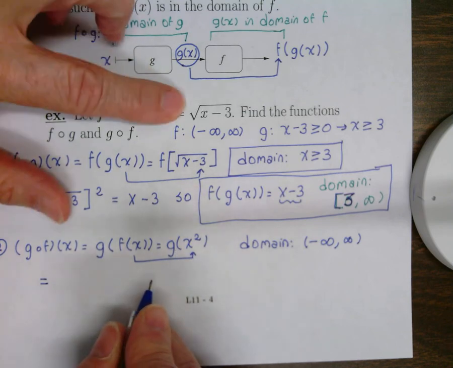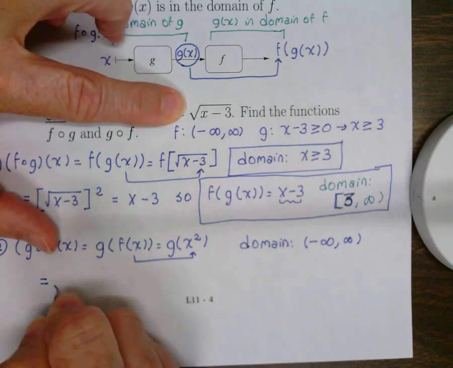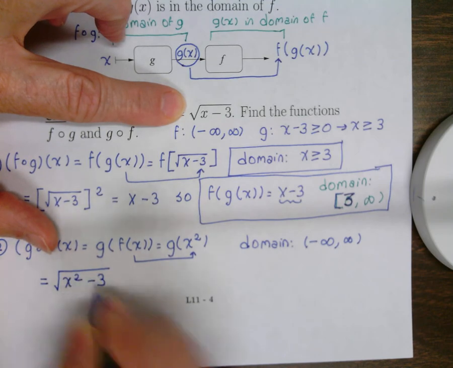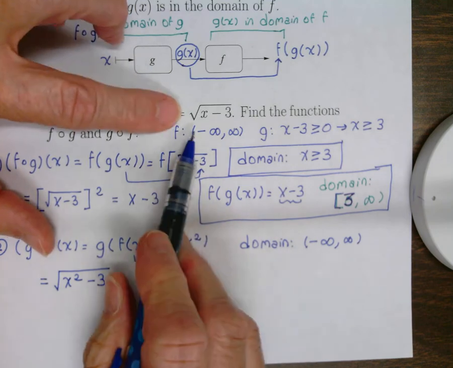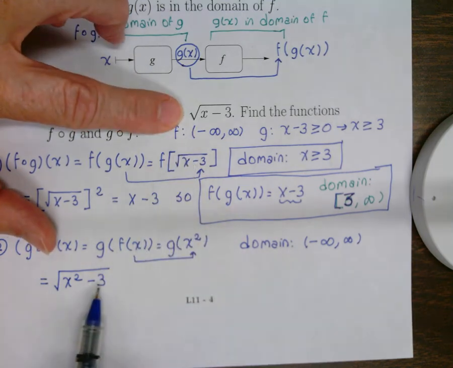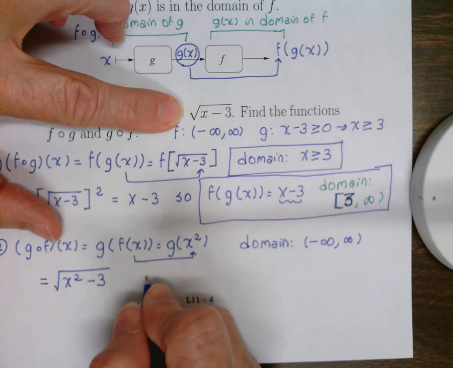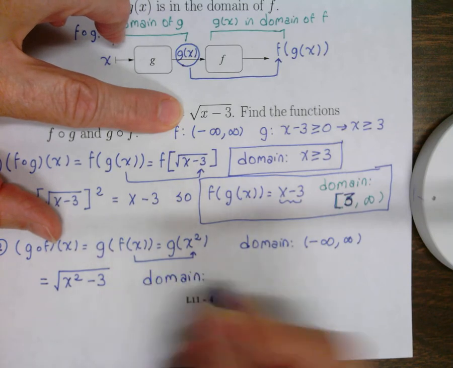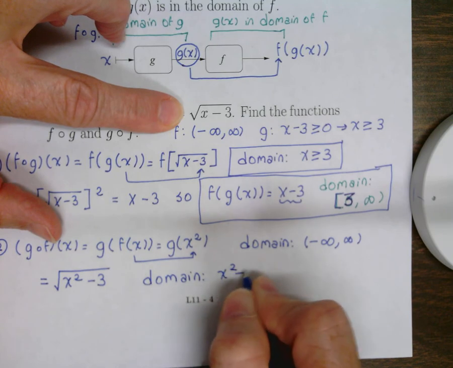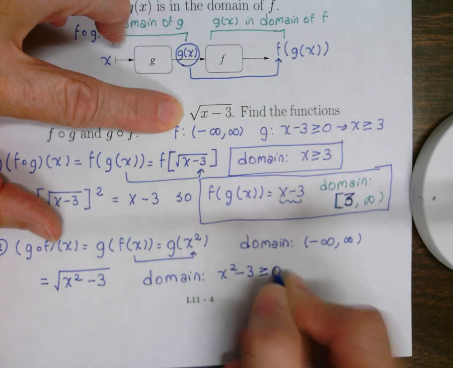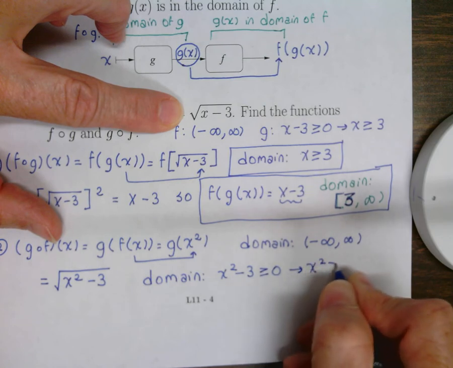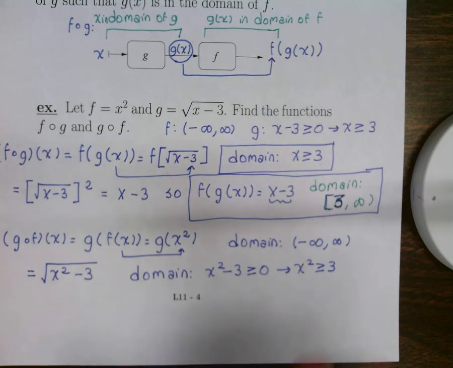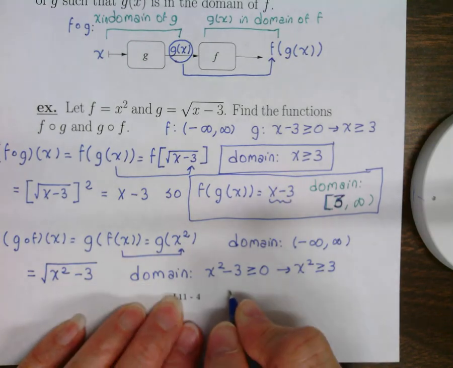What does g tell us to do? It says replace x with x squared, because you're taking g of x squared, so it's a replacement. Now that will clearly have a restriction. What's under the radical is going to have to be greater than or equal to 0. Now we haven't seen how to solve that inequality yet, so let me just give it to you.